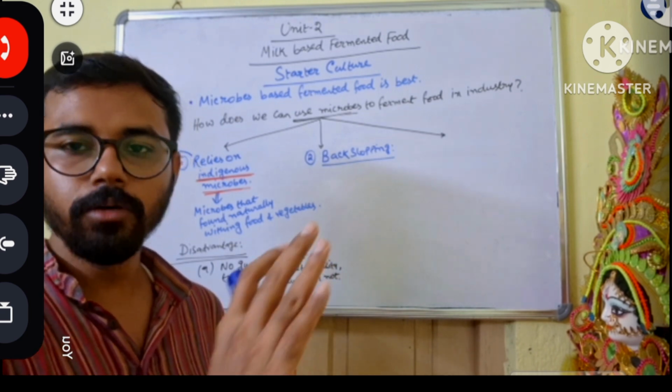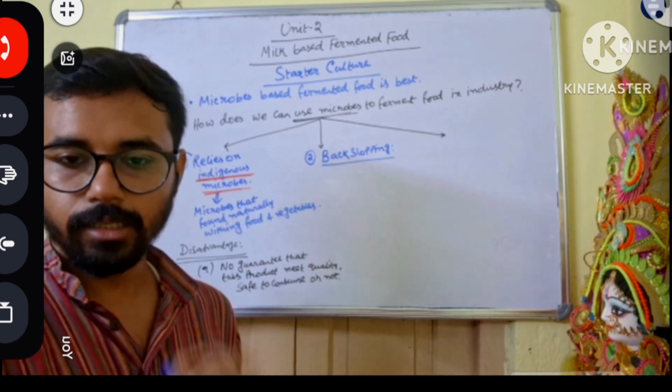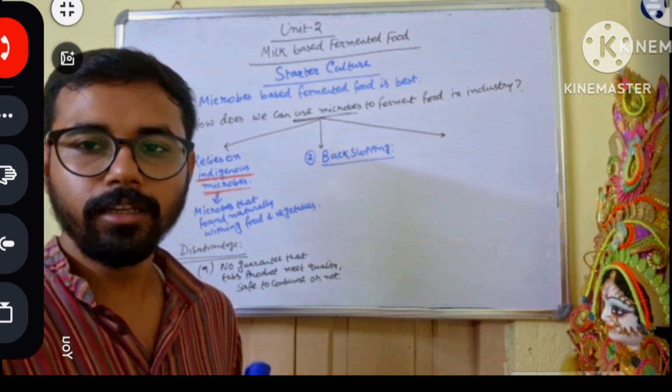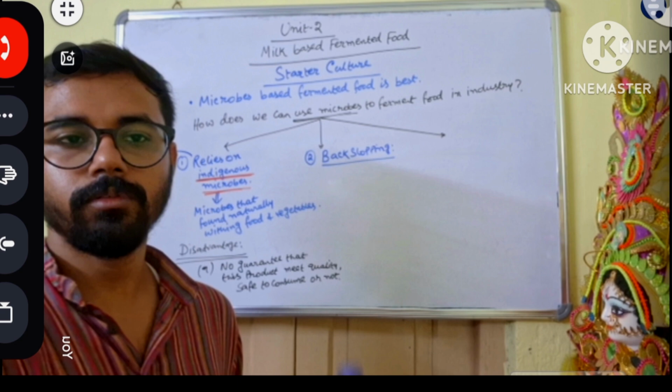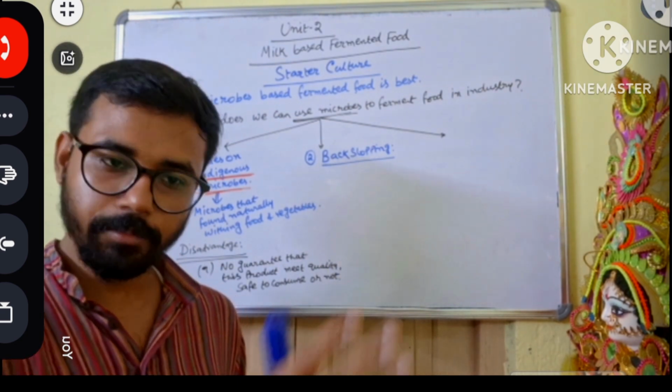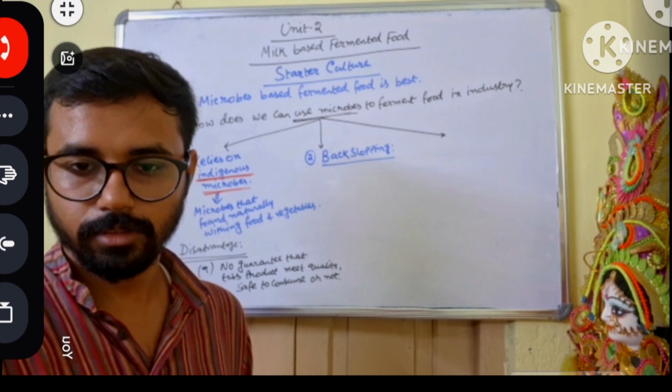That means when you start to produce curd, in the fresh milk, you just add one teaspoonful of previously made curd. Yes or no? Yes. So that method is back slopping.